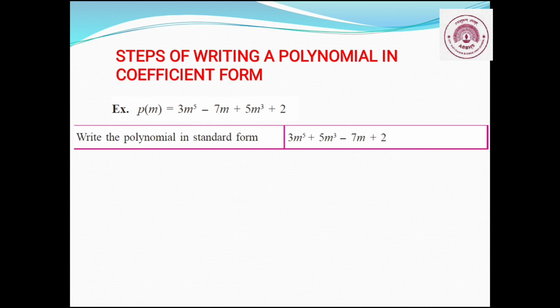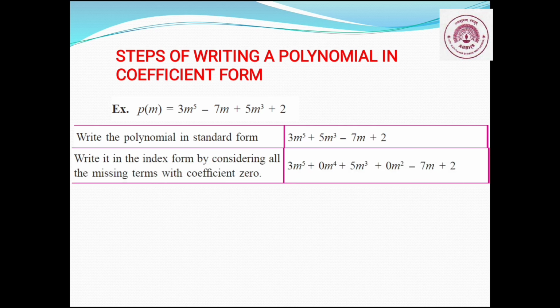We have to write in descending powers of the variable m. So 3m raised to power 5 plus 5m cube minus 7m plus 2 is the standard form of the given polynomial.